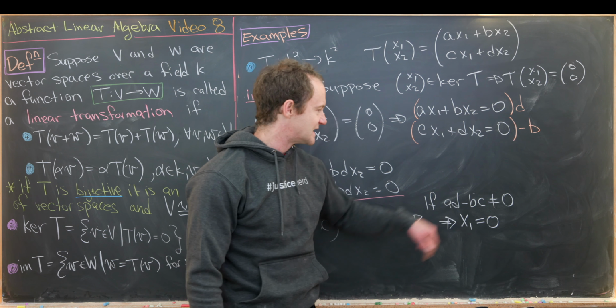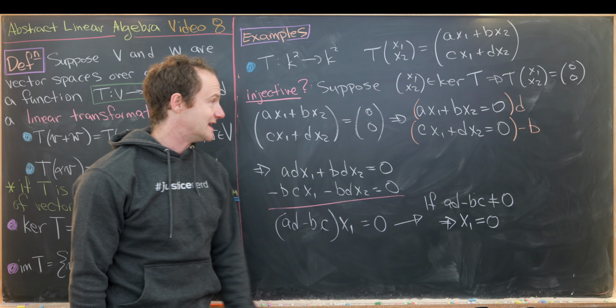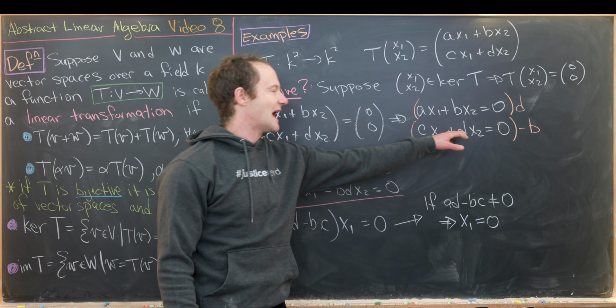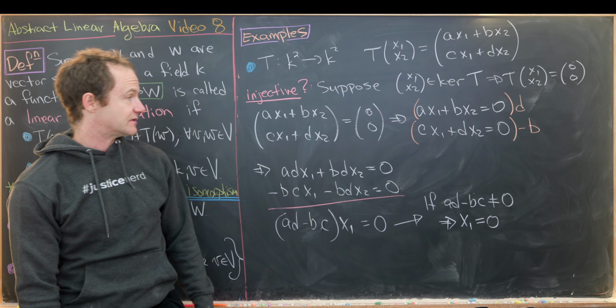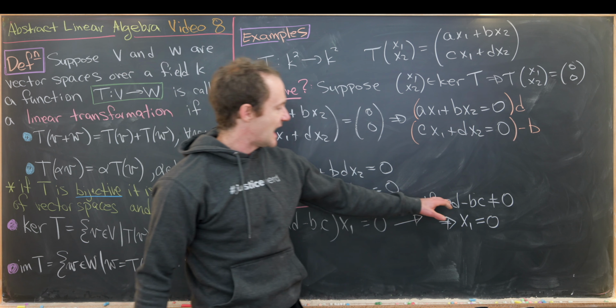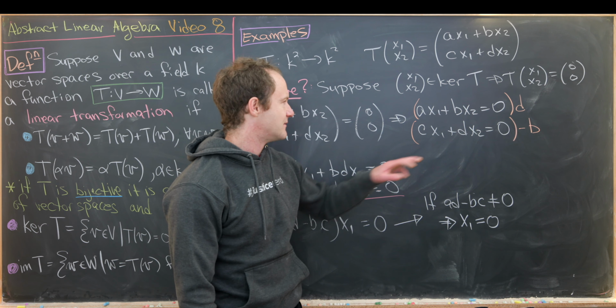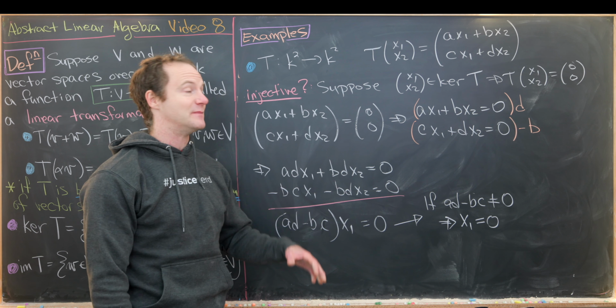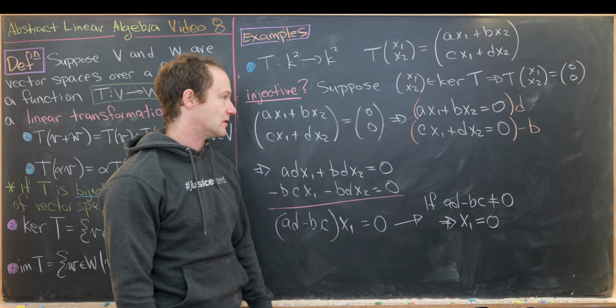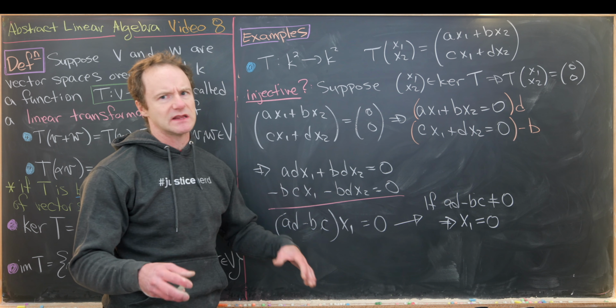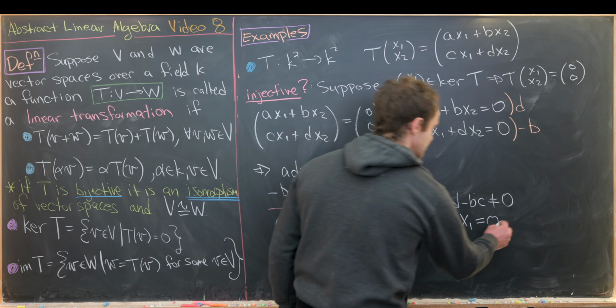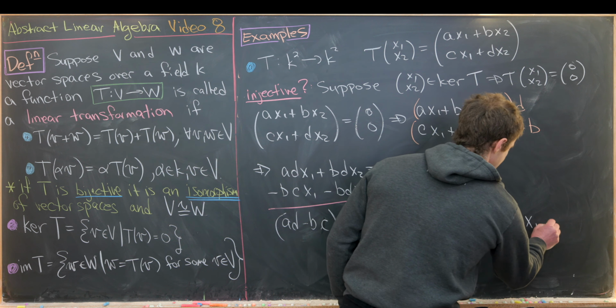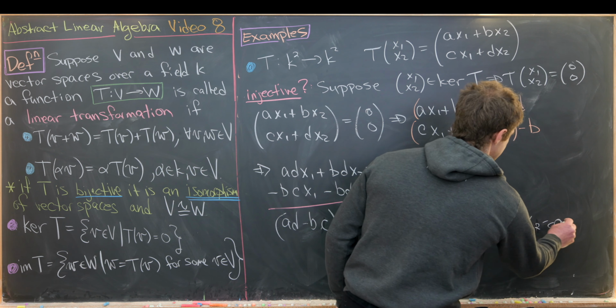Again, if ad - bc is not 0, that means b and d cannot be simultaneously 0, so one of these equations will allow us to solve x2 = 0.